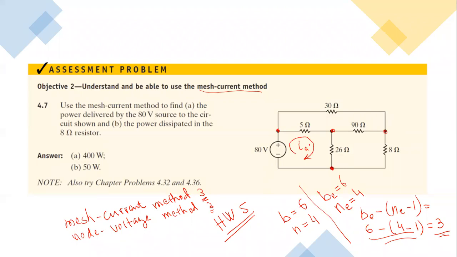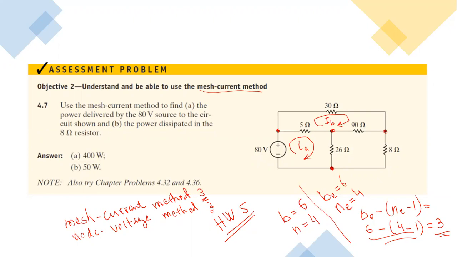I put IA for the first mesh. So where is your second mesh? On the top. You decide that this will be the second mesh, right? And this will be IB. And as you see, all the directions should be clockwise.